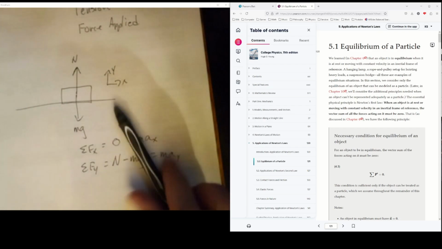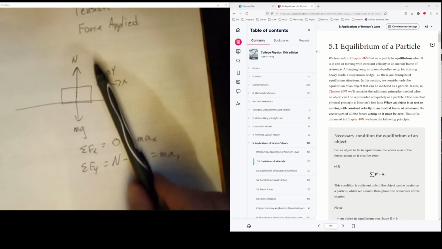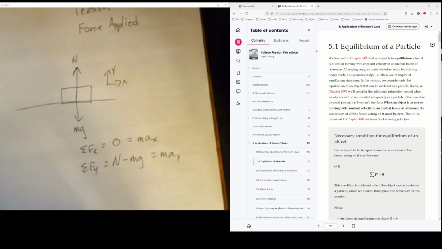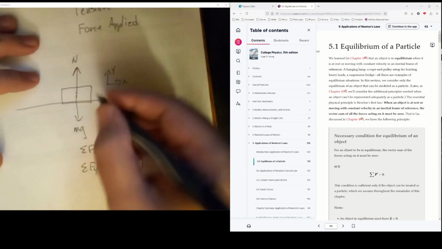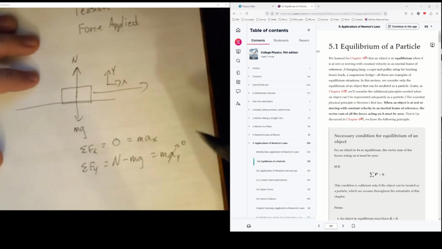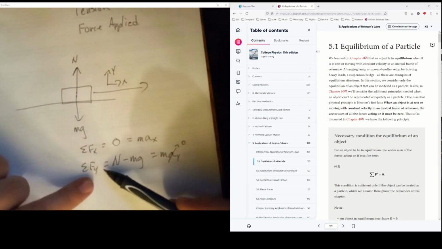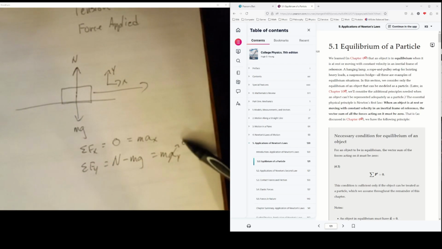When I push my pen along the desktop, my pen's not going up or down. It's not falling through the table. So this acceleration here is 0 because the block is just moving along the table. If it's not going up or down, there's no acceleration in the y direction. And so this is a common assumption that has to be made.